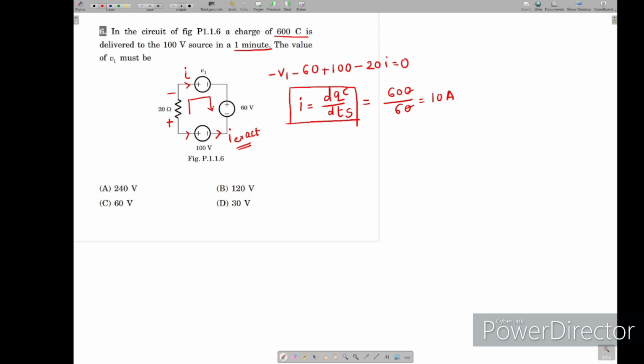So now I will apply the KVL. No need to write the earlier one, I only wrote it for you to understand that we can take the current in whatever direction we want. But as per this we came to know that we need I to solve this question.